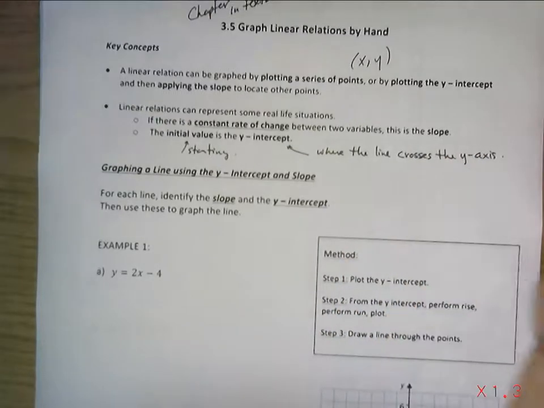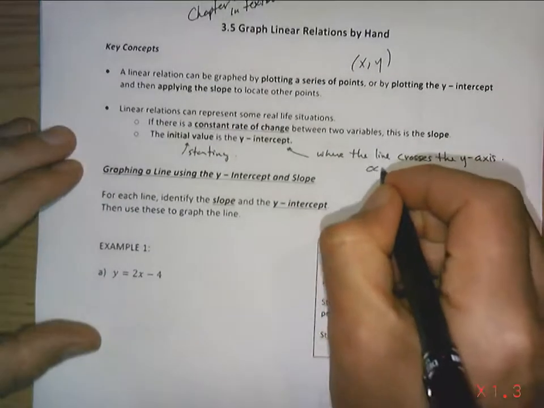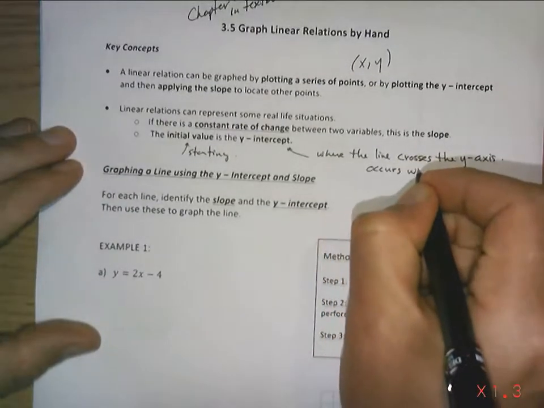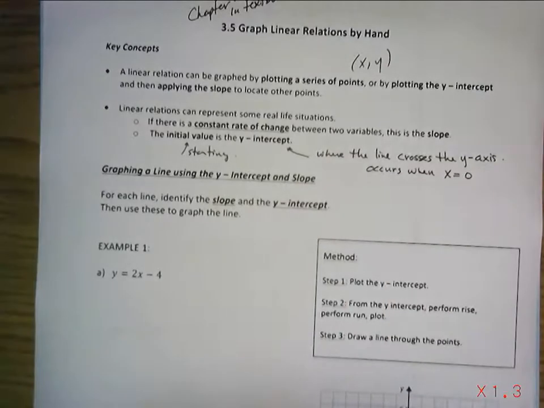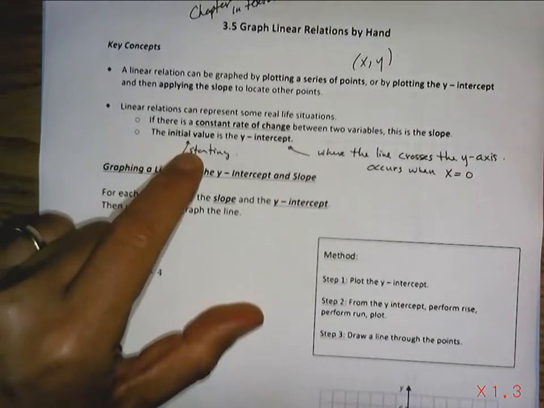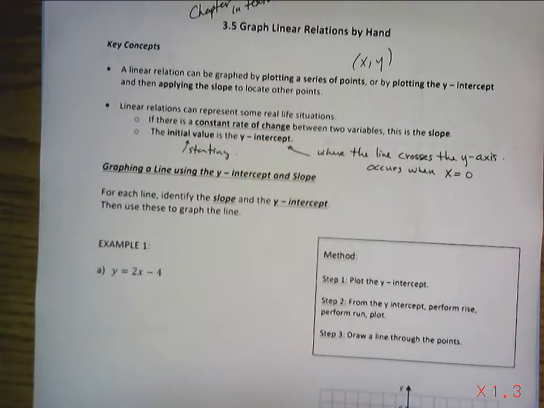And it happens at a particular point always. It always occurs when the x value equals 0. So the initial value, your starting point, and the y-intercept is where the line is going to cross the y-axis, and it always occurs where x equals 0. Okay, so we've got a couple of things going on here that perhaps we should talk a little bit about.